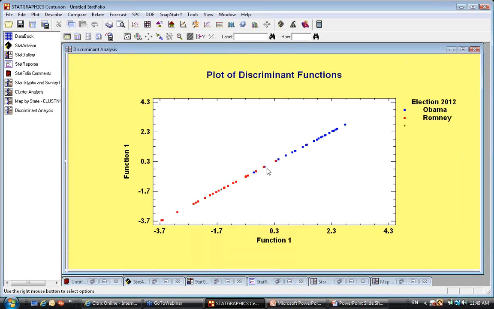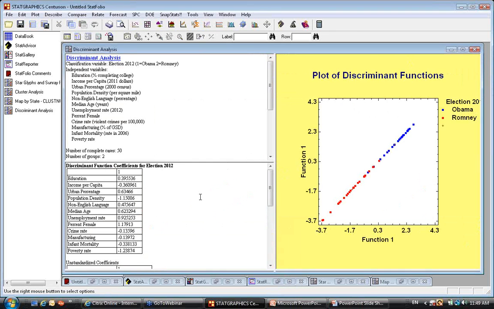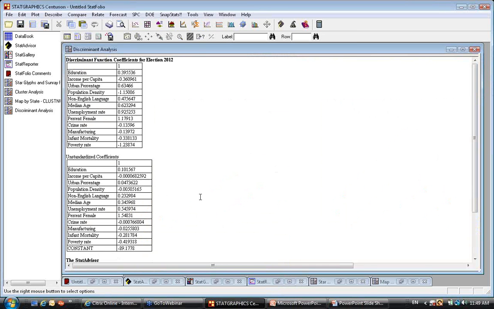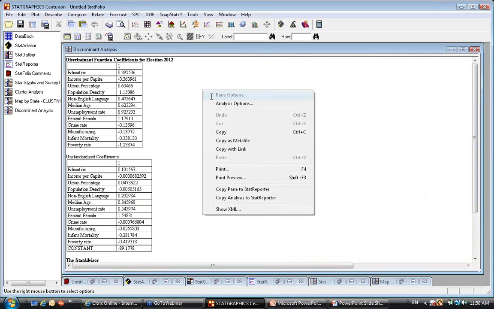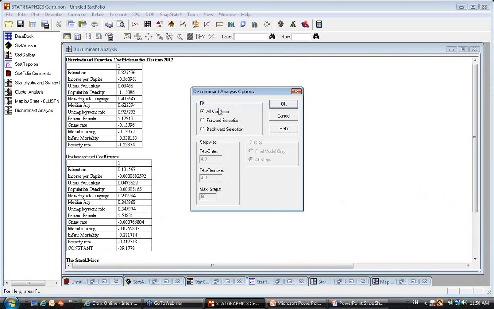Okay. Now, the next thing I decided to do, because this was fairly complicated, was to reduce the number of variables. I started with 12 variables. I'm not sure that 12 are really necessary. So the next thing I did is I pushed the right mouse button, went to Analysis Options, and asked it to do a backward selection.